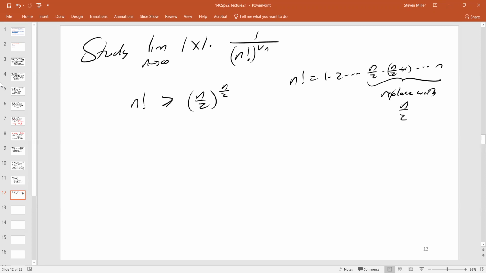Does everyone agree that this is making my quantity n factorial a really, really small quantity? So n factorial to the 1 over n would be greater than or equal to n halves to the n halves to the 1 over n. What's n halves to the n halves to the 1 over n? What does that equal?